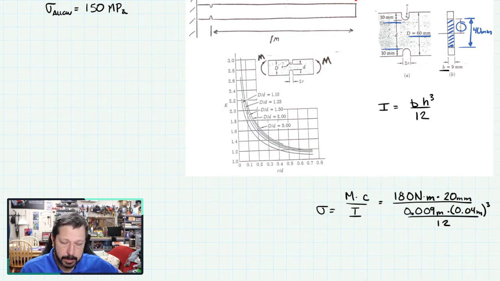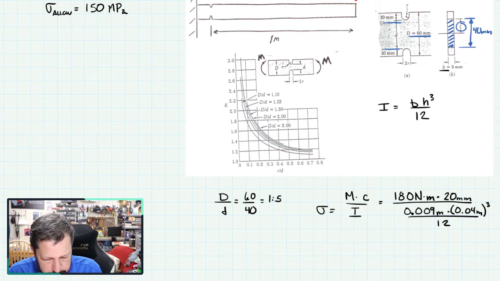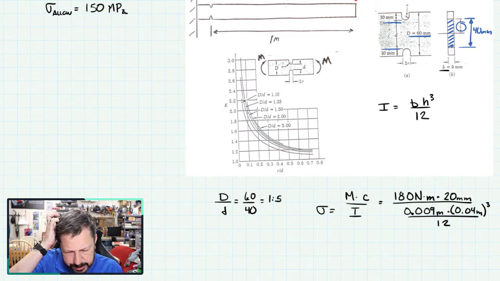Okay, now we need our stress concentration factor. So we've got our little chart here, and we have D over d again. These are actually the same as they were last time, 60 over 40. So 1.5. These are really close together, right?